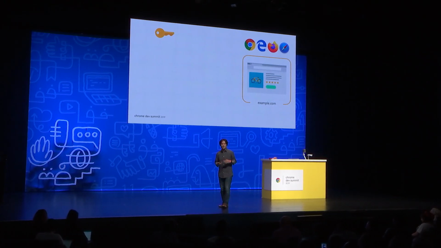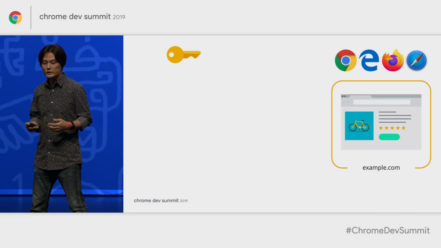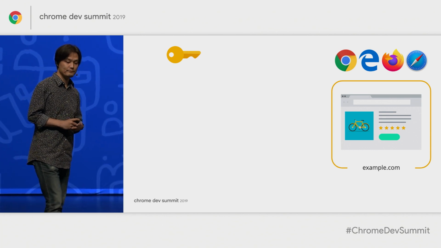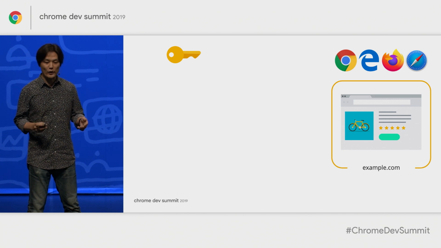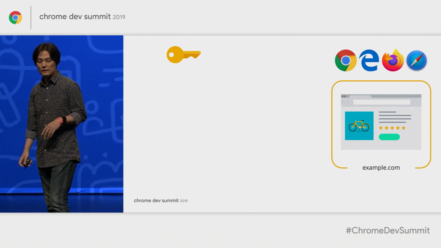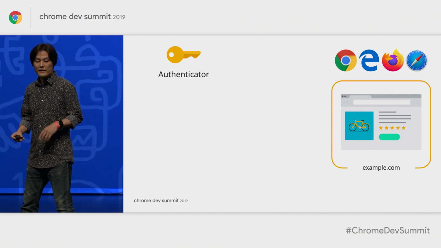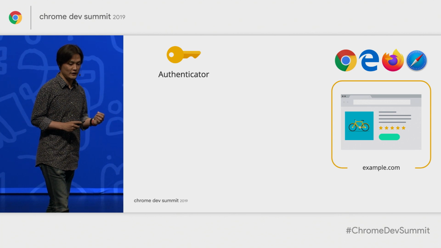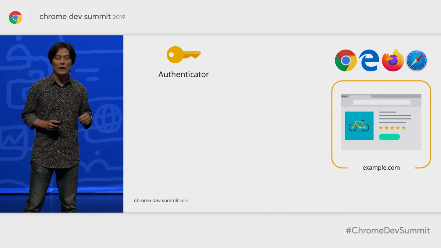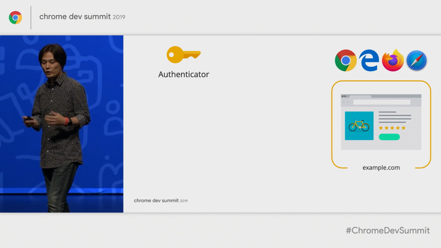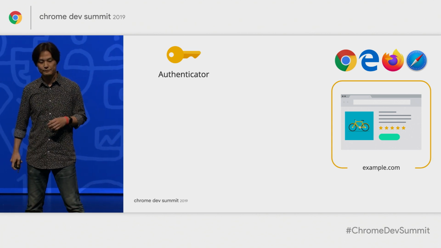WebAuthn is a standard browser API that enables strong authentication on the web. It's supported by all major browsers, at least partially, by using a piece of hardware which we call the Authenticator. End users can register for and authenticate with a service much more safely than before.